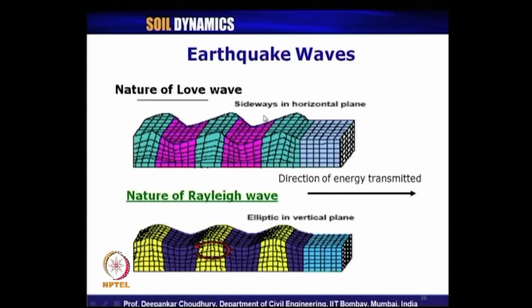The nature of the Love wave is sideways in the horizontal plane, and the nature of the Rayleigh wave is elliptic in the vertical plane. In this way, rotating or rolling up and down can occur.